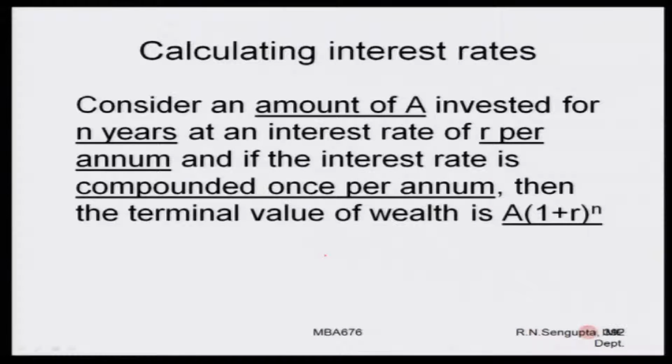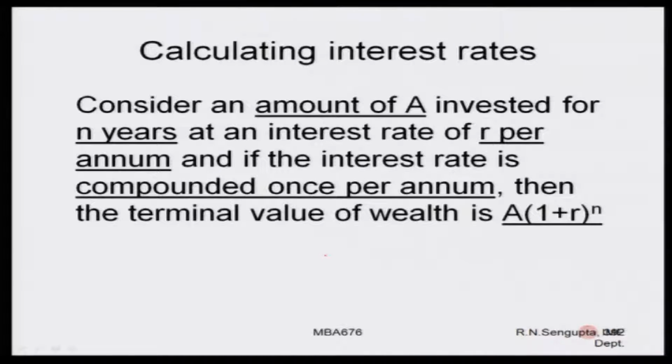Now, consider for the first time how you find out the interest rate; based on that calculation we can proceed. Consider a principal amount A invested for n years at an interest rate of R per annum, compounded only once per annum.